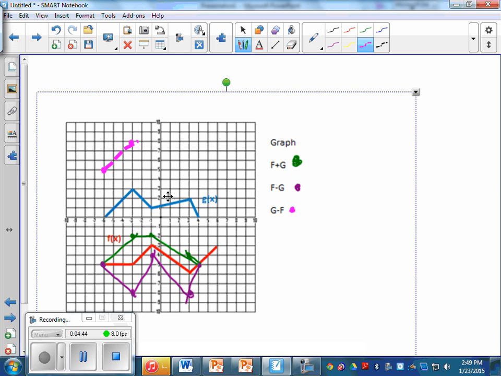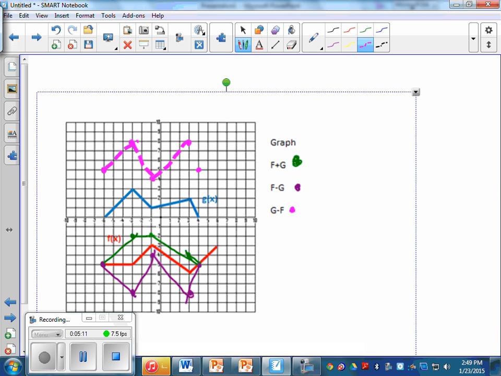And then it would be 1 minus negative 3, which would be 4. And then it's going to be 2 minus negative 6, which would be 8. And then it's going to be 0 minus negative 5, which is 5.